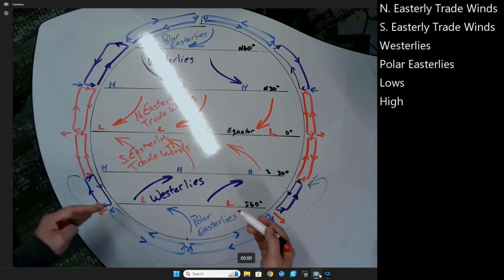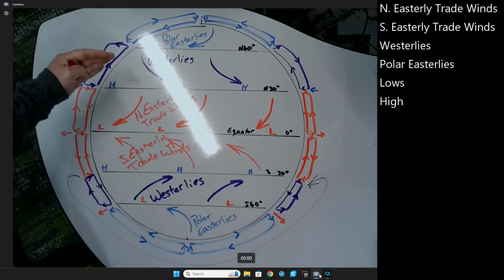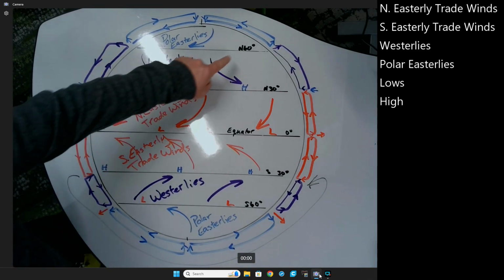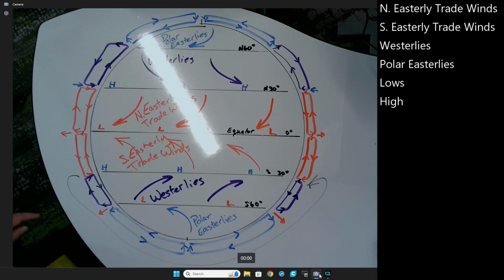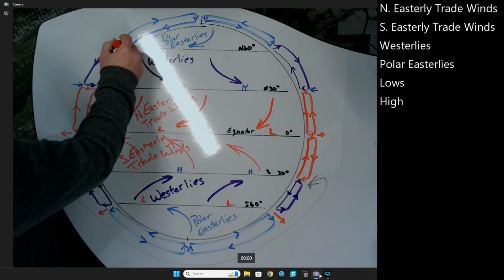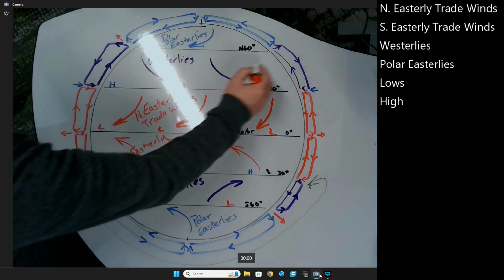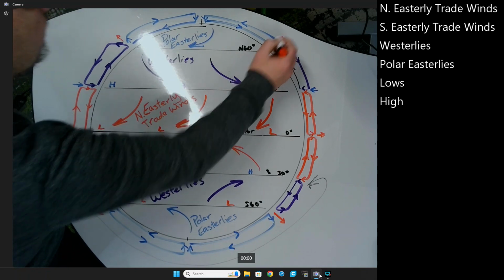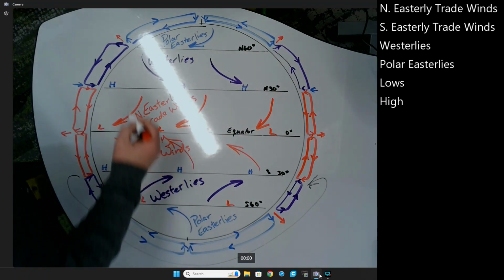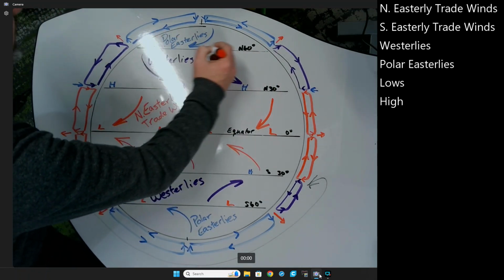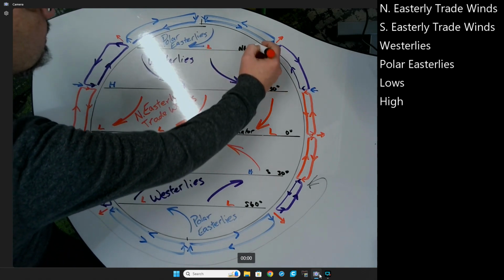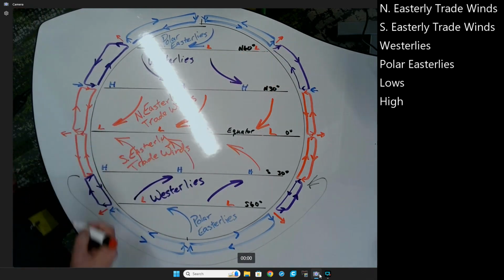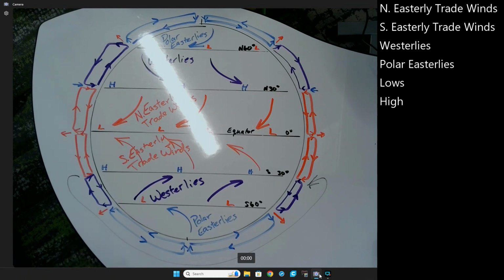Symmetry, we have it in the south, we should have it also in the north. So along the 60 degrees north, because the atmosphere is lifting and going out, we are going to predominantly have low pressure. So there you have it.